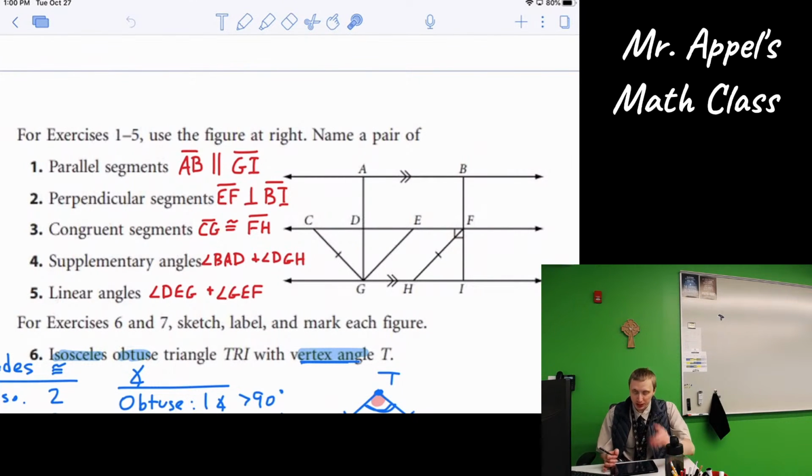Perpendicular, there is only one intersection we know is perpendicular. That's this guy right here. It's the only one marked with the 90-degree corner. So it has to be some combination of this line segment and something from this line. And they don't actually need to intersect. You could go all the way over and do like CD is perpendicular to BF. That would technically be true.